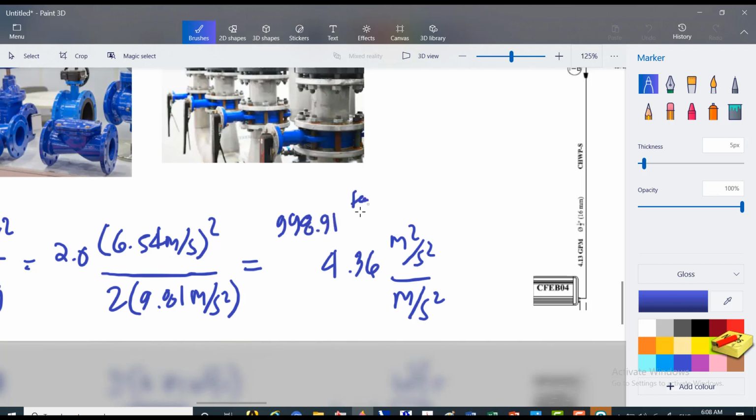So multiply natin yan, ano may makakancel out. So this is kilogram meter, Newton, kilogram meter second squared. So mabawasan na natin to. We're going to remove this one and this one, so you have already Newton.